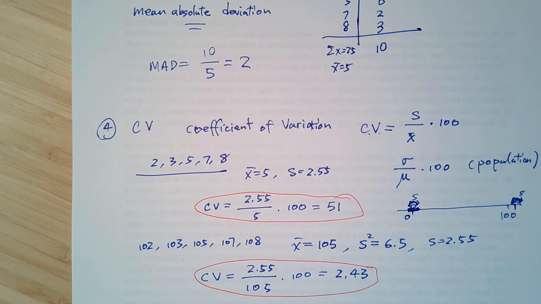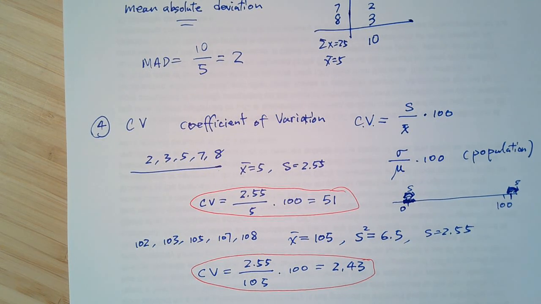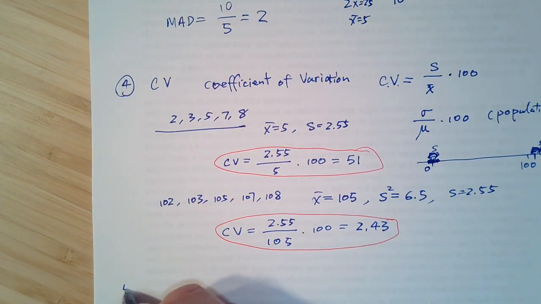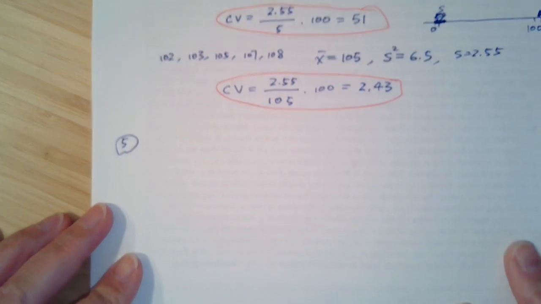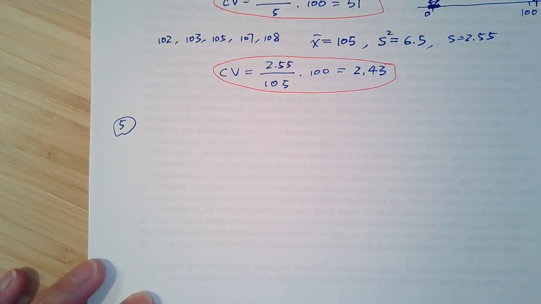Okay. All right, now the next one, the number 5 concept you need to know, is called the empirical rule.